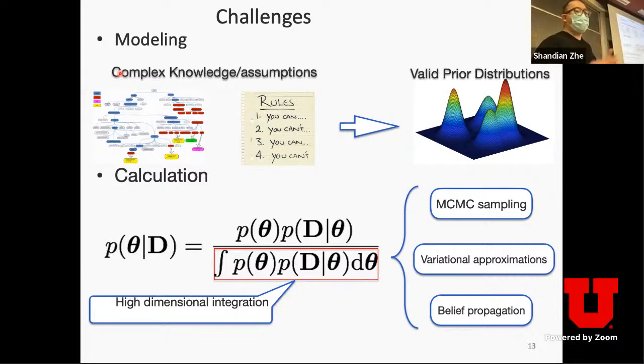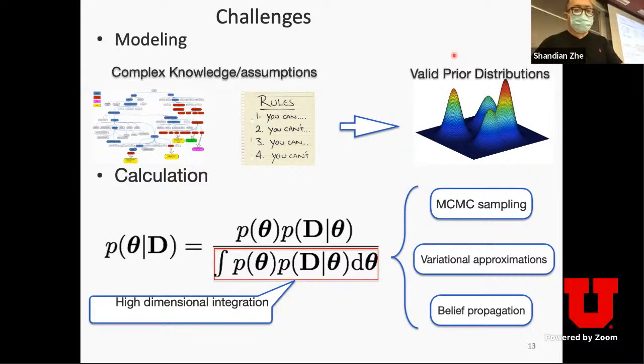But other than that, if my experience is much more complex than a Gaussian distribution, how do we encode it? Suppose I have some hierarchical structure of all kinds of knowledge, and their organization is quite complex. How do you express them in terms of a valid prior distribution? Remember, everything in the Bayesian and probabilistic world has to be expressed in terms of probabilities. If you don't have valid probabilities, you cannot conduct any probabilistic learning.